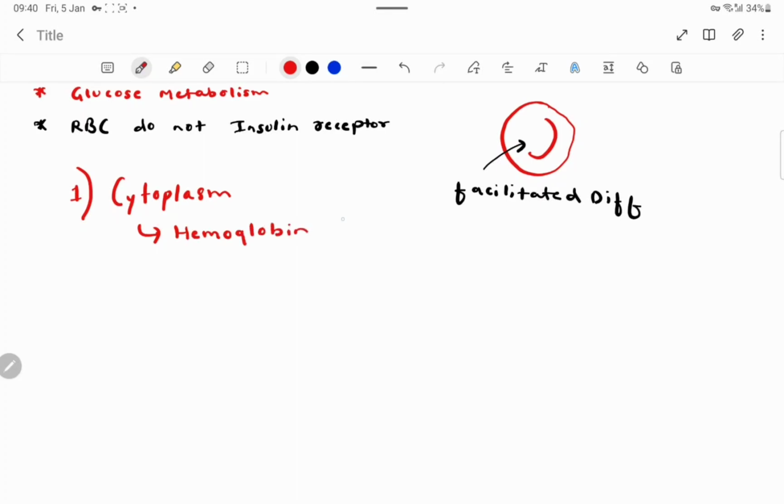It's nearly about 98%. And the rest 2% we have cytoplasmic enzymes. And other parts are present in the 2%, that is not that much discovered. So we'll just talk about cytoplasmic enzymes.